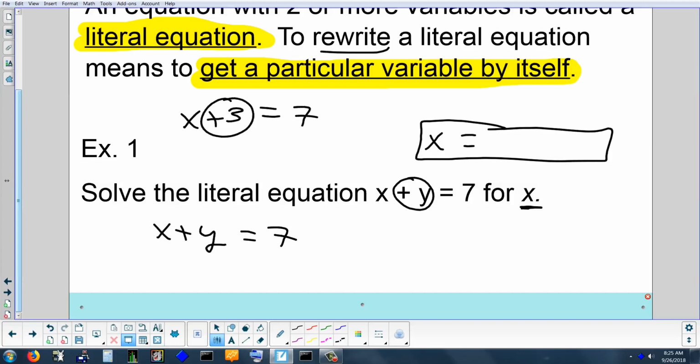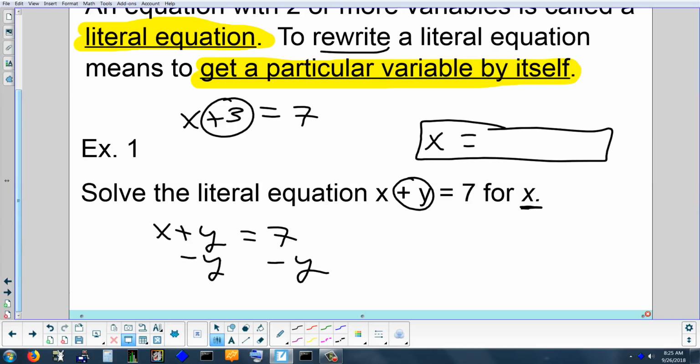What would you do to y? Jacob? Make it a negative? Okay, make it a negative. And what operation is that? Add, subtract, multiply, or divide? Subtract. Good job. We're going to subtract on both sides. And what would we subtract? We're going to subtract the y, just like up above, you would subtract the 3. We're subtracting the y. So it's really the same idea.